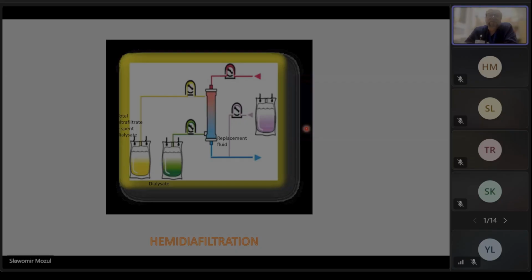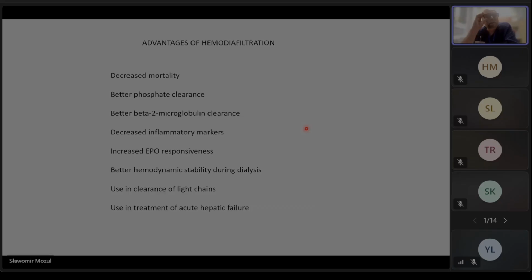In this method, we use a dialysis fluid and substitute fluid. We use diffusion to remove waste products and convection transport. This method is more efficient than hemodialysis. And what are the advantages of hemodiafiltration?